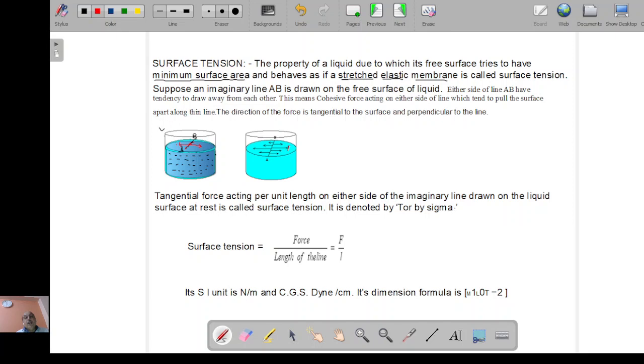So the force acts toward the left side as well as toward the right side. The direction of force is tangential, and it makes a right angle with the line AB.